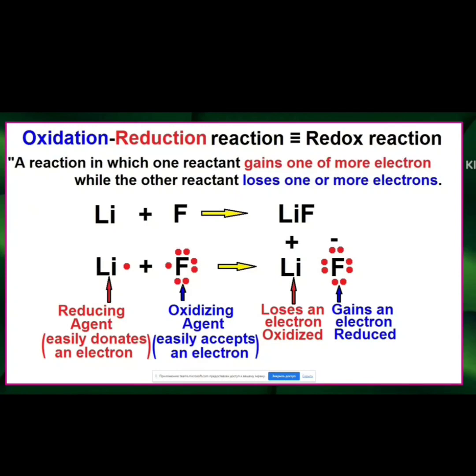For having 8, he needs 7 more. Fluorine has 7, but he needs only 1. Who is stronger now? Fluorine, yes, he has more electrons. He will be more electronegative. He needs only 1. It's easy to take 1 electron only than take 7 electrons. Lithium needs 7 electrons. Fluorine needs only 1. Of course, yes, it will be more electronegative.